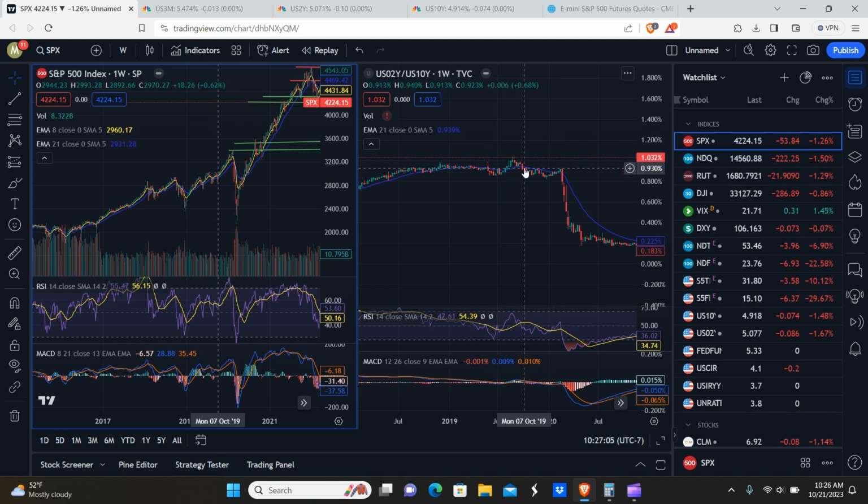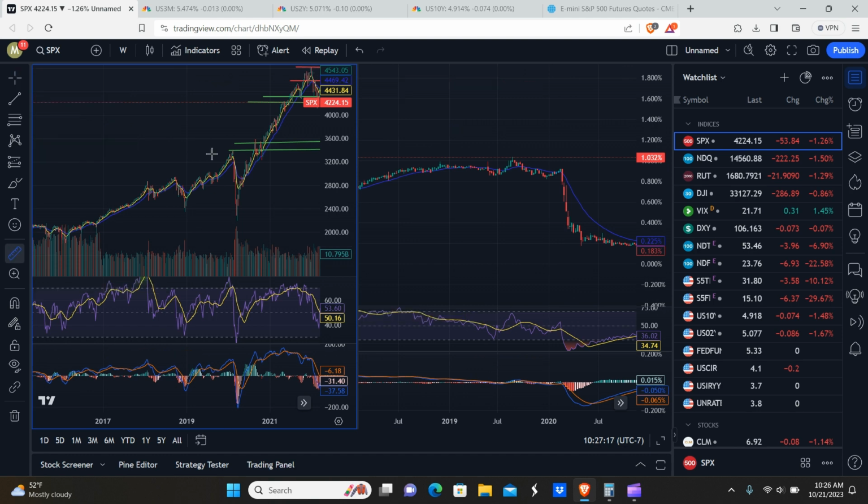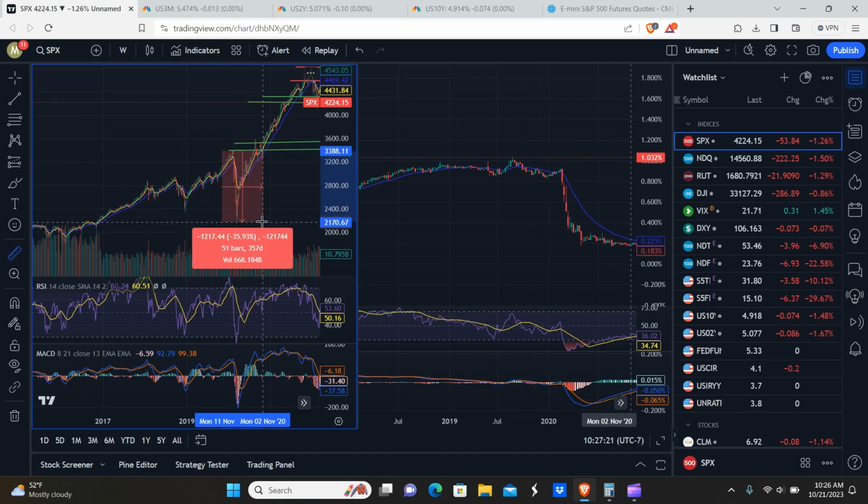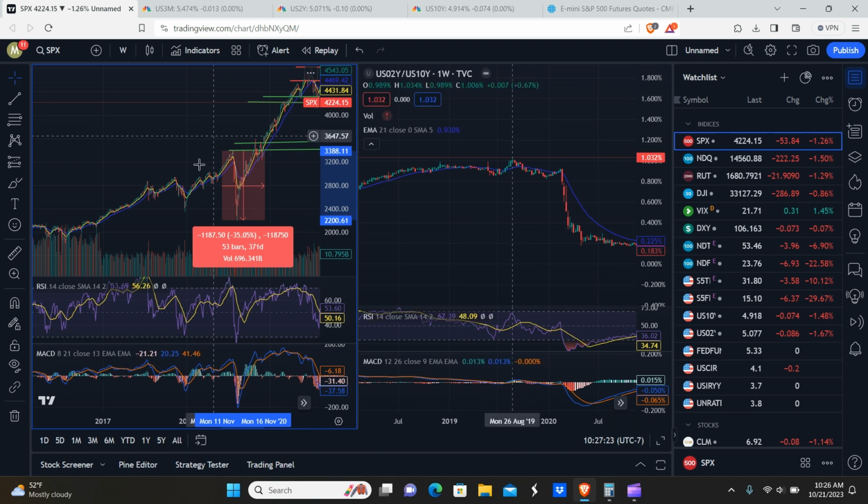Nothing really happened right away for probably about 6 months. And then all of a sudden, we dropped off a cliff. It went from being inverted to uninverted, and then boom, stock markets just absolutely plummeted. These sell-offs were so aggressive during the Rona dump that there were multiple circuit breaker halts in the stock market.